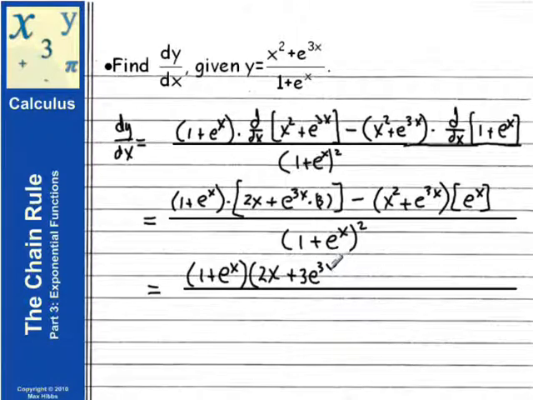Looks a little better. And then minus, here I have x squared plus e to the 3x.